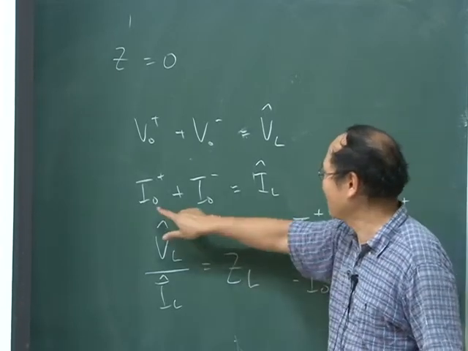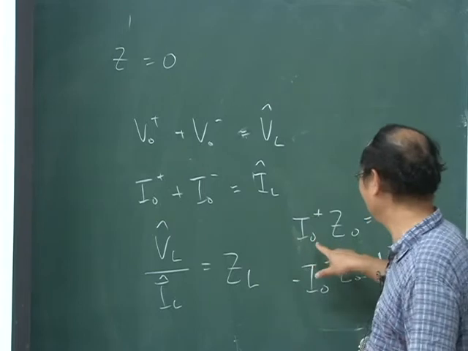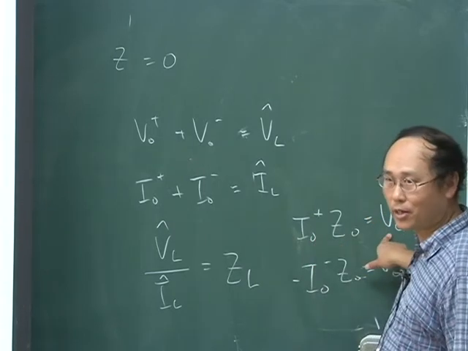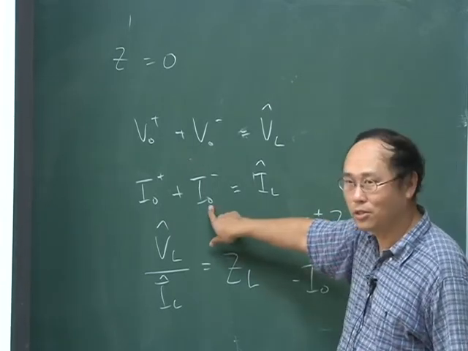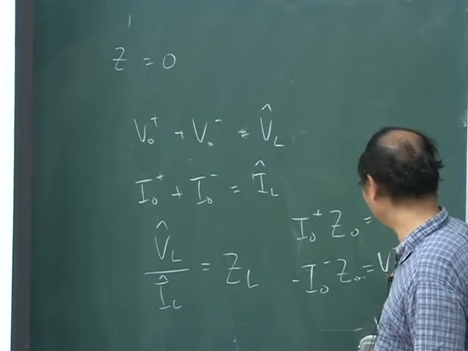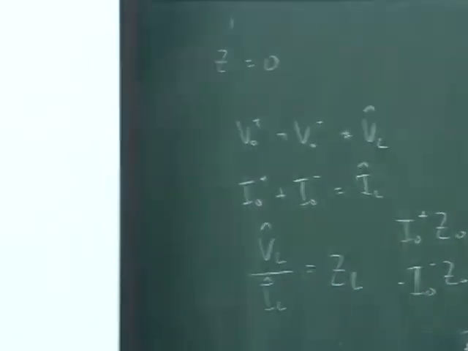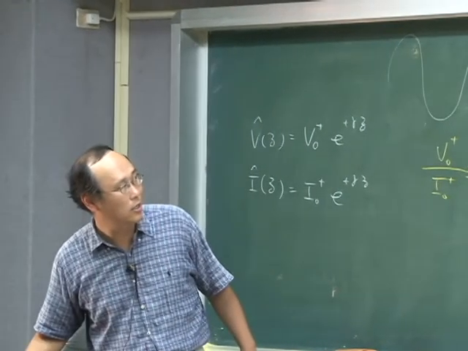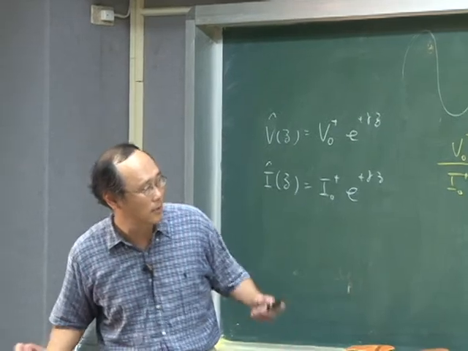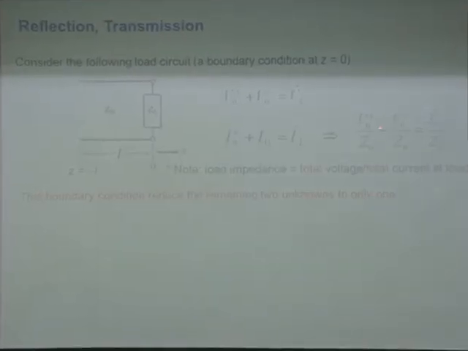So in fact, you can replace this forward current with V0+, and replace this backward current with V0-. Then immediately you can come up with this expression.